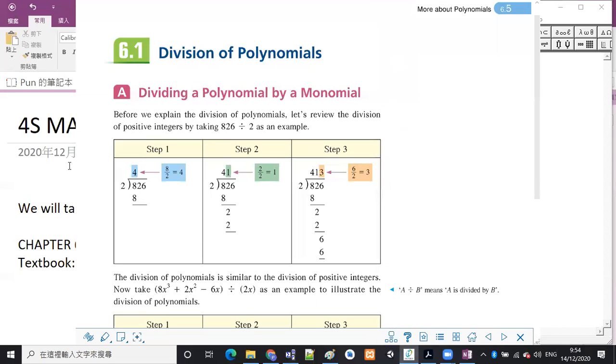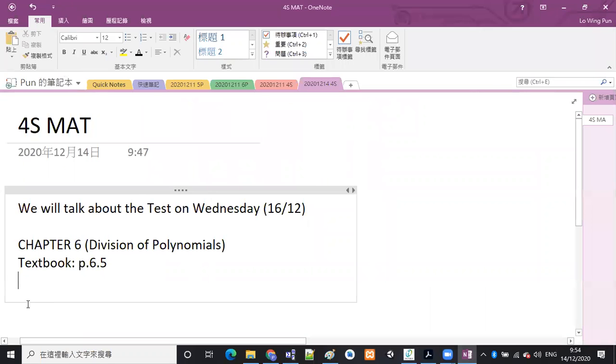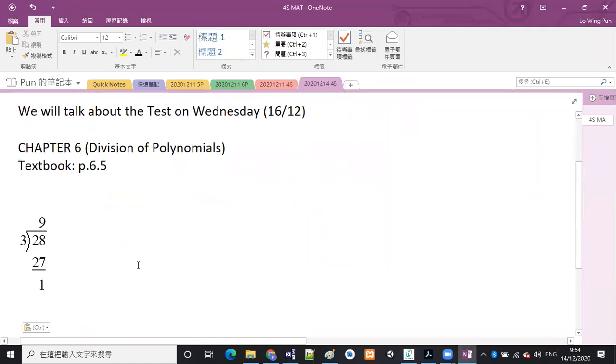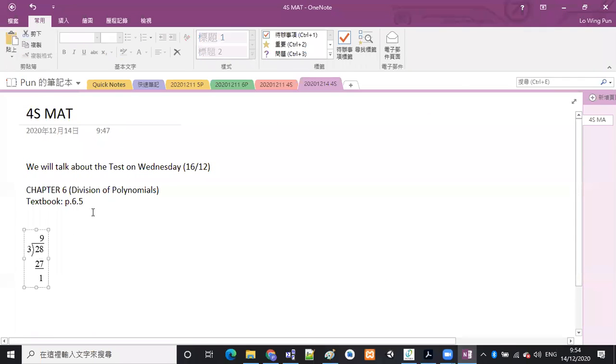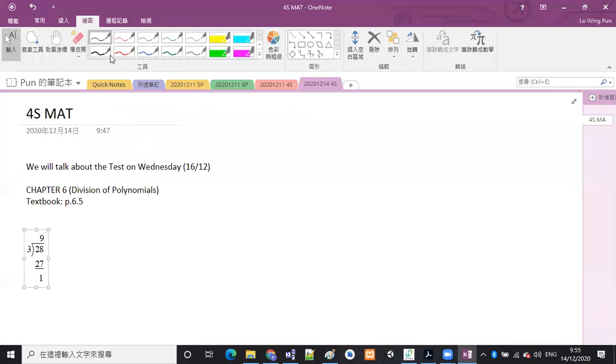There are some names that we need to emphasize in this chapter in a secondary school version of this division. This one is 28 divided by 3, and then we got 9.